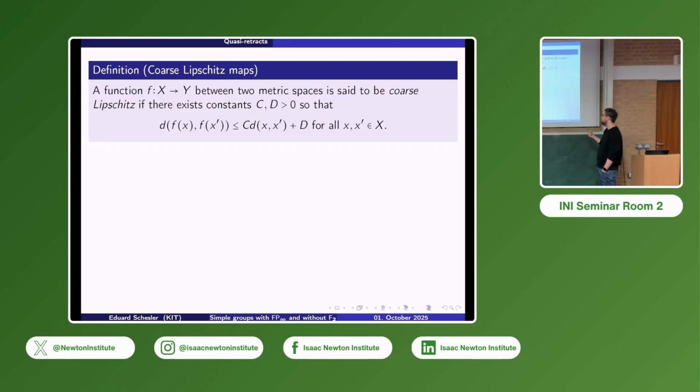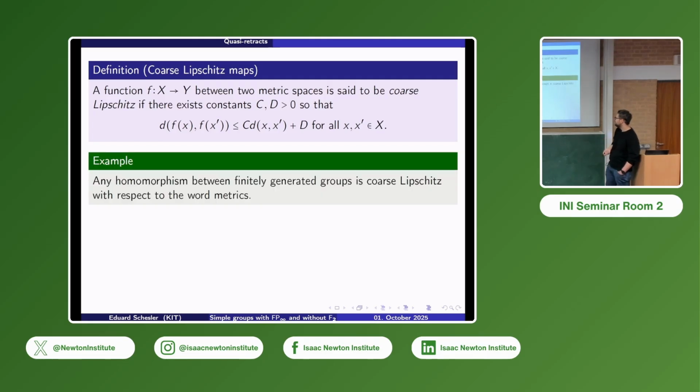Just a reminder, for quasi-retracts we need coarse-Lipschitz maps. This is just a map between metric spaces where the distance can only, after applying f, increase in an affine manner. So homomorphisms, for example, are coarse-Lipschitz.